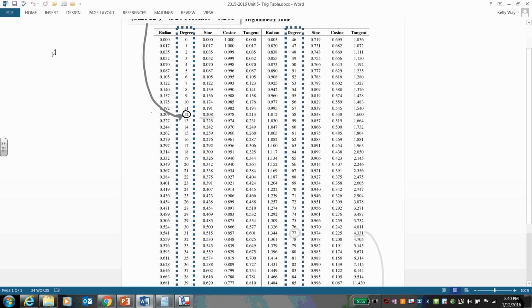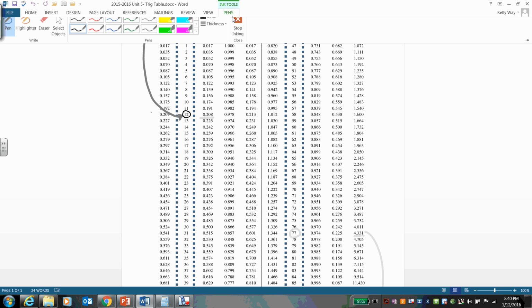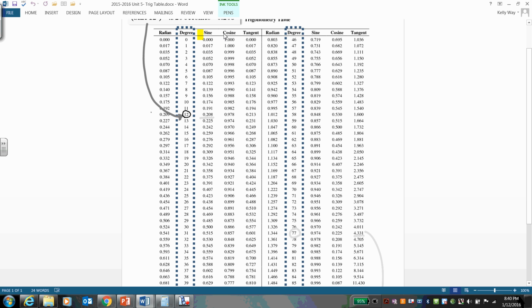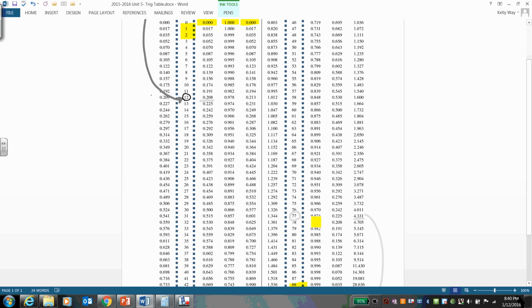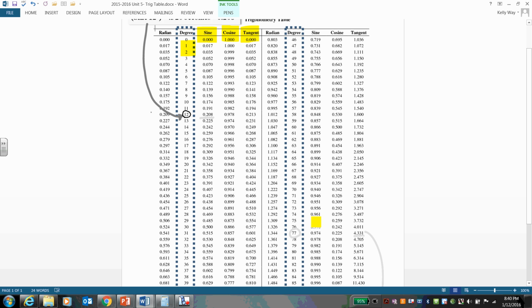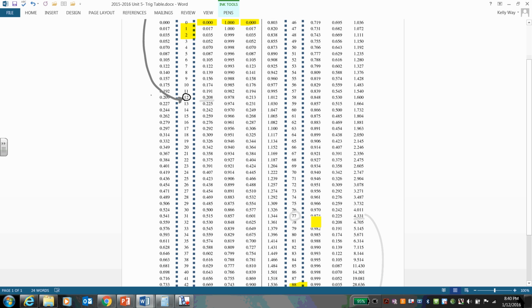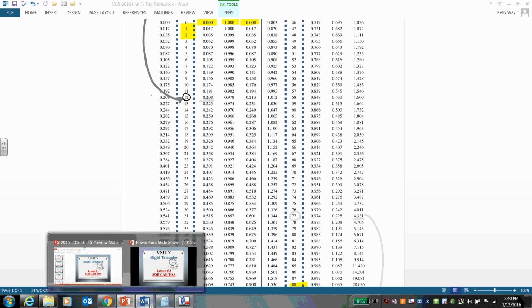This page gives the sine, the cosine, and tangent ratio of all the degree angles, starting from angle degree of 1, going all the way to an angle degree of 90. So all these table ratios, I'll show you how to use this table in class. But you need to understand that this table has actually been stored inside your calculator. And I'm going to show you how to find that right now.